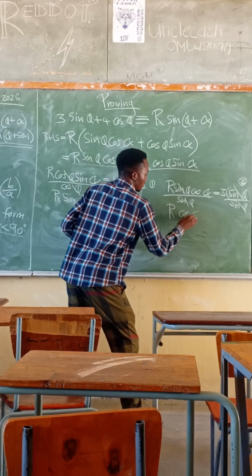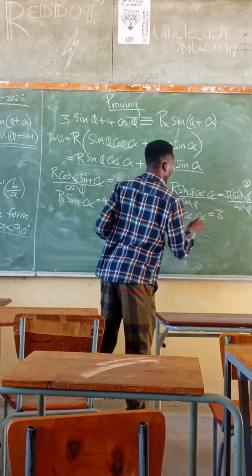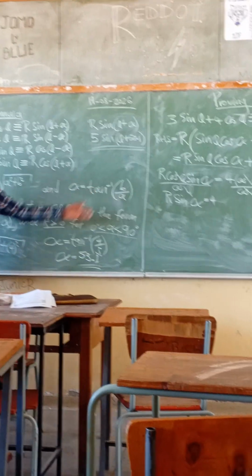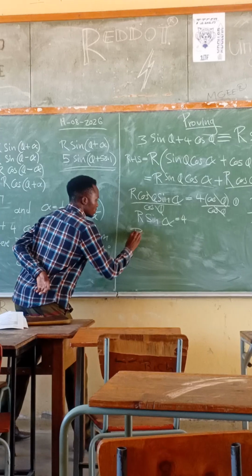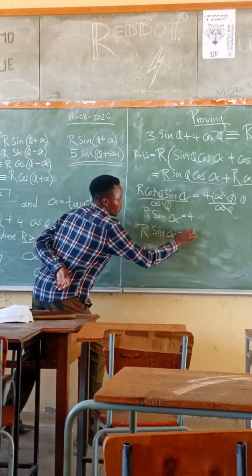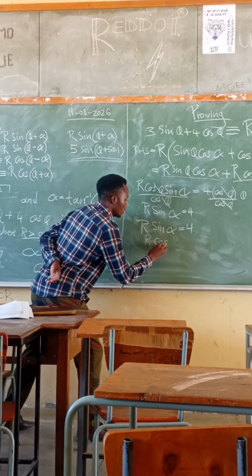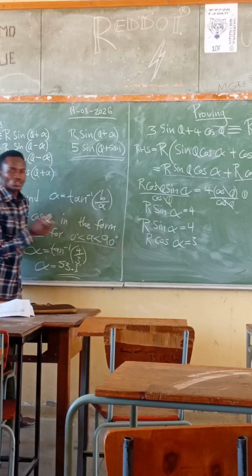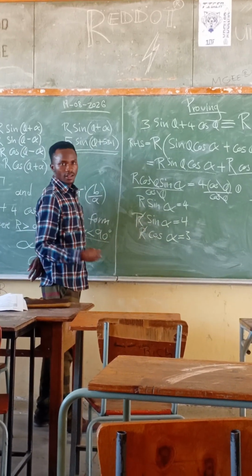Then from there, I take the first equation divided by the second equation. The first equation is equal to 4, divided by the second equation, equal to 3. When these two divide, R and R will cancel out.